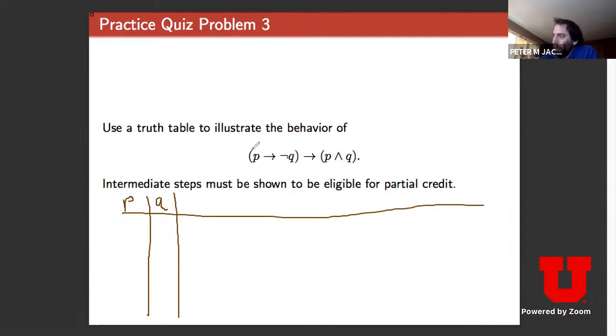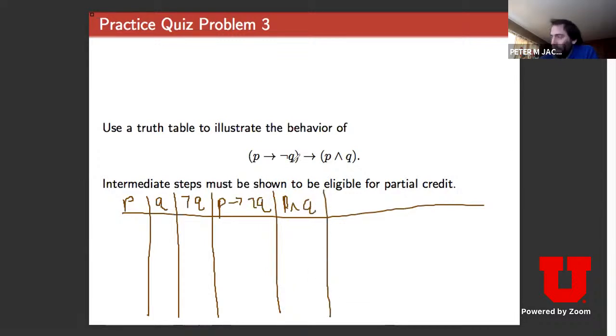So we have P and Q. We're also going to need not Q because it's here. And we're going to need P implies not Q because it's right there. And then we will also need P and Q. And then finally, we will need the full statement, which I'm just going to point you to.